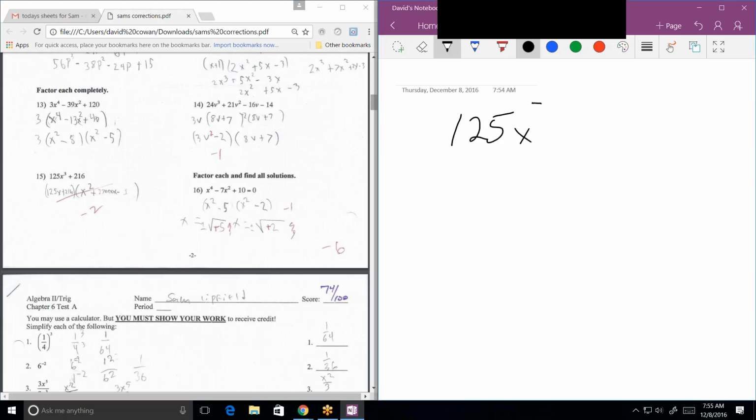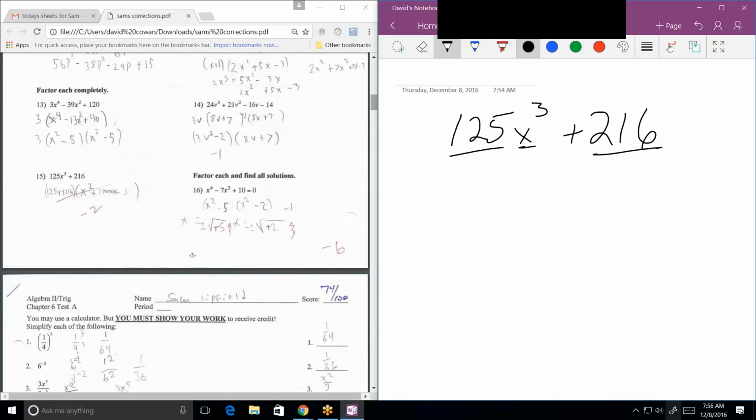125x cubed plus 216. That to me looks like the sum of perfect cubes. X cubed is a perfect cube number, and 216 is a perfect cube number.